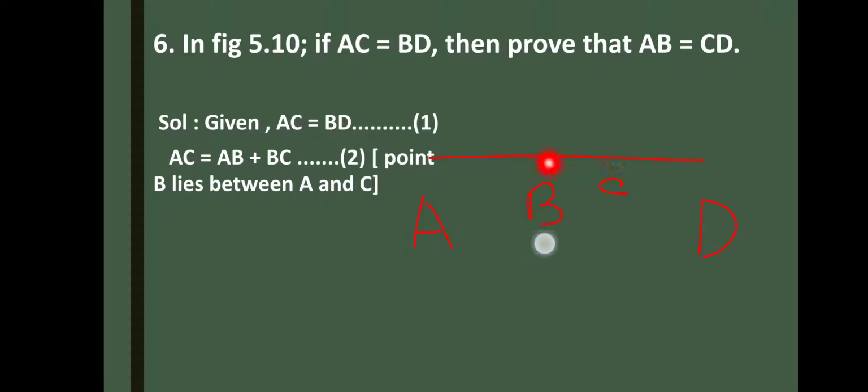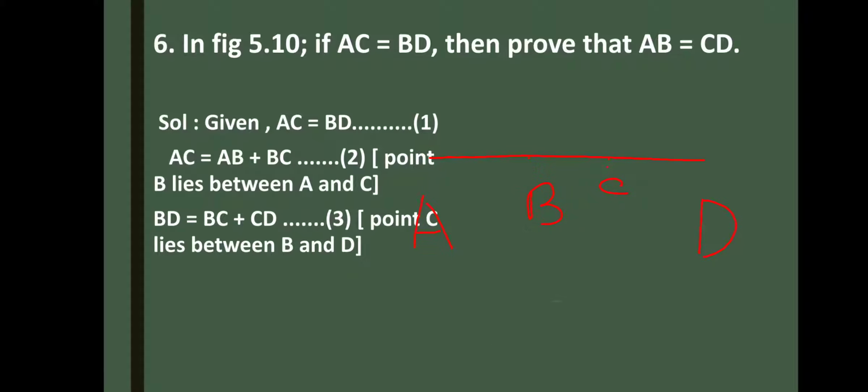Similarly, BD may be written as BC plus CD, because C is the point which is between B and D. This is equation 3. So now we will put the values of equation 2 and 3 in equation 1.